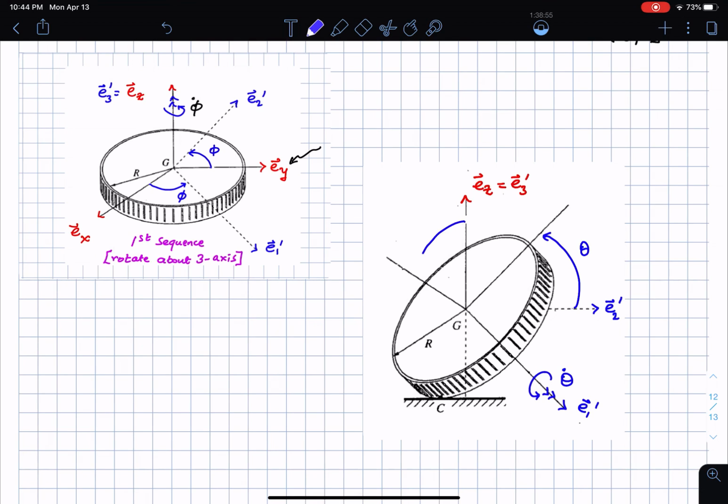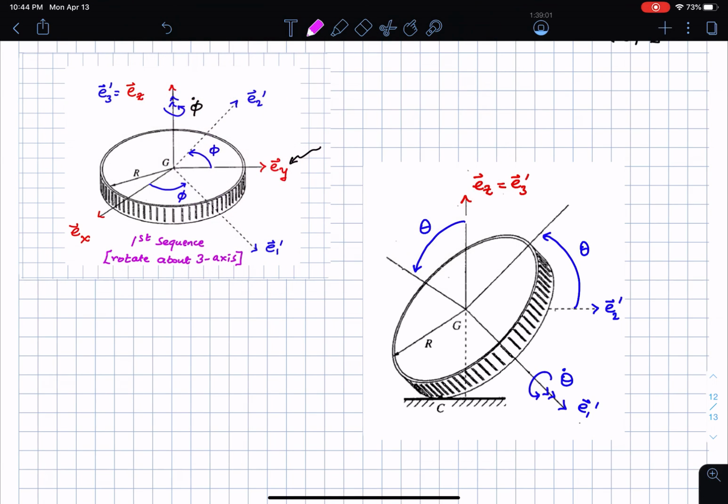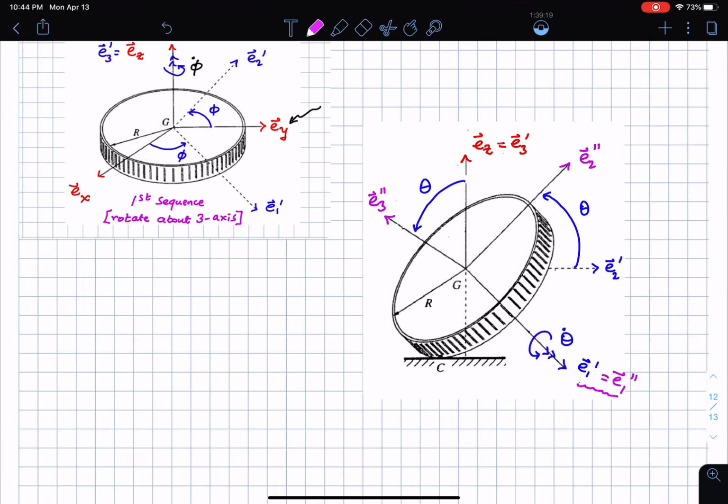I'm going to have a new set of axes now: E2 double prime, E3 double prime, and E1 double prime, which is the same as E1 prime. So this is the second sequence of rotations.